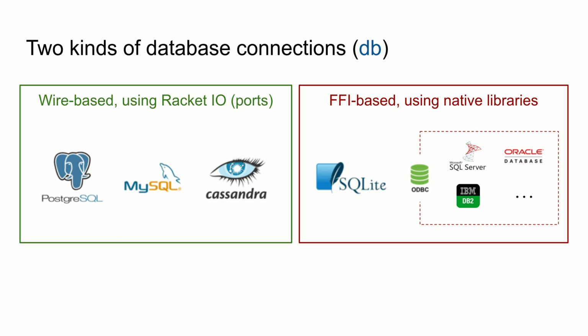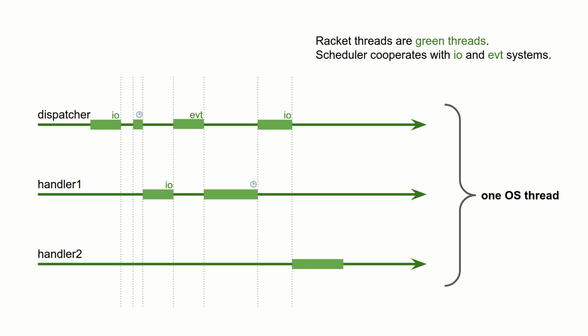So why does the kind of connection matter? We need to talk about Racket threads. Racket threads are green threads. That is, the entire Racket VM runs on a single OS thread, and Racket implements its own notion of threading on top of that. The Racket thread scheduler cooperates with the I/O and event systems.